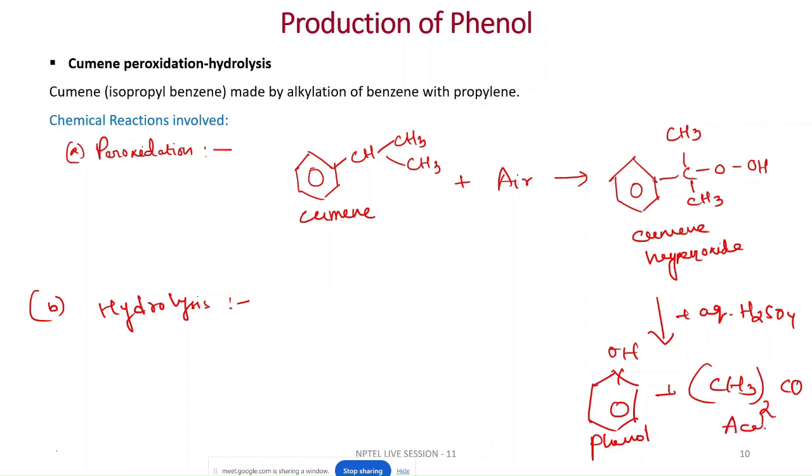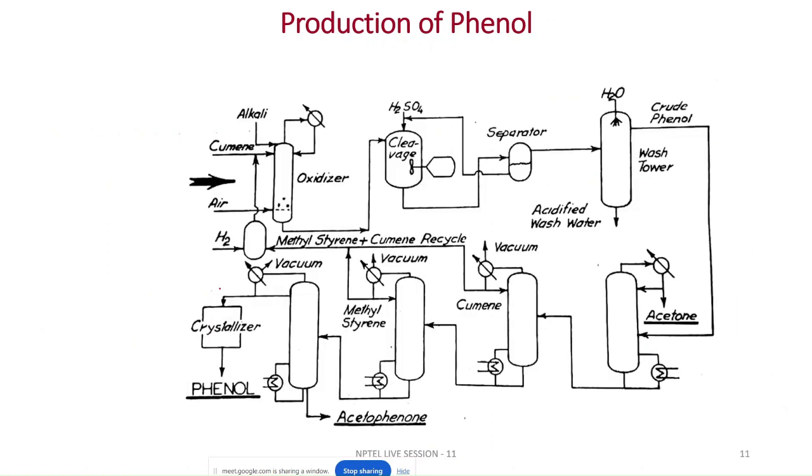Phenol and acetone are produced by this cumene peroxidation and hydrolysis method. The first step is the peroxidation process, and the second step is the hydrolysis process.